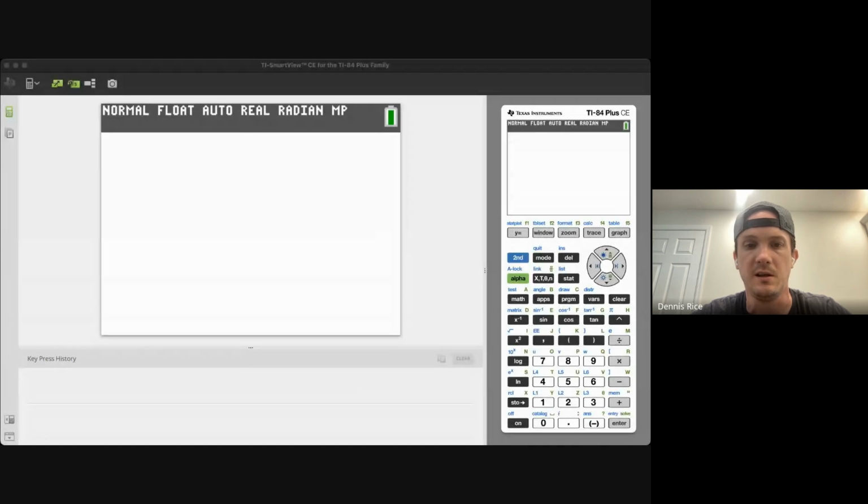Can everyone see, it looks like a graphing calculator? Okay, cool. How many people have a calculator in front of them? A good amount. Okay, if you don't, it looks something like this. The screen's a little bit larger so you can see. So what we're going to do is show how you can graph on this calculator.